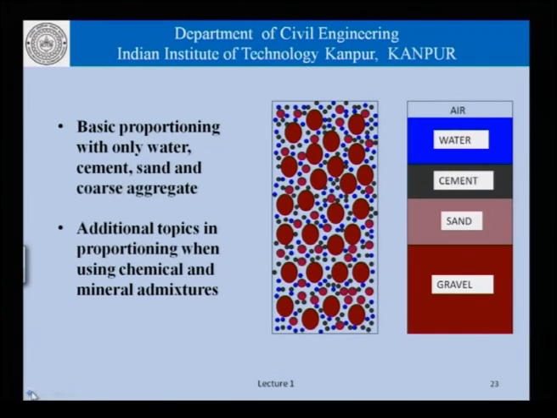Once again, I would like to reiterate that at the end of it, it is a fixed volume of material, and within that fixed volume, it is our responsibility as concrete engineers to proportion the different constituents, whether it is only the basic constituents as shown here or any other special constituents that we may choose to add in the concrete mix.